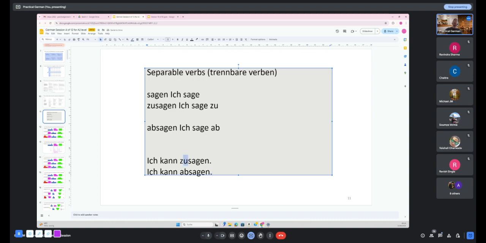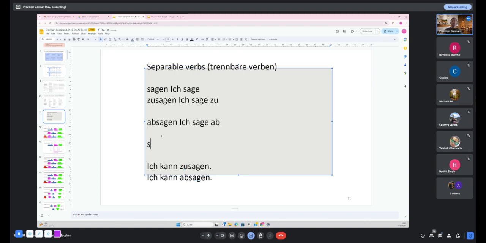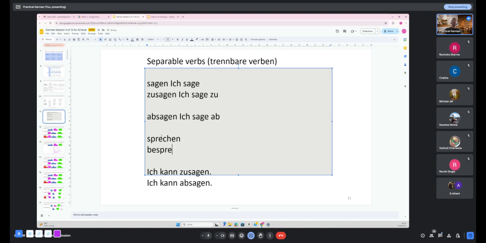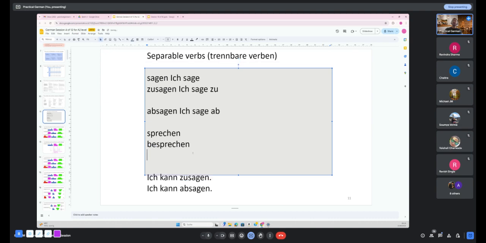Now, there is this verb sprechen. Sprechen means to speak. Then there is besprechen, which as far as I know means to discuss. Be is also a prefix, but it's not a separable prefix. So when you write a sentence with it, ich spreche, and over here ich bespreche.